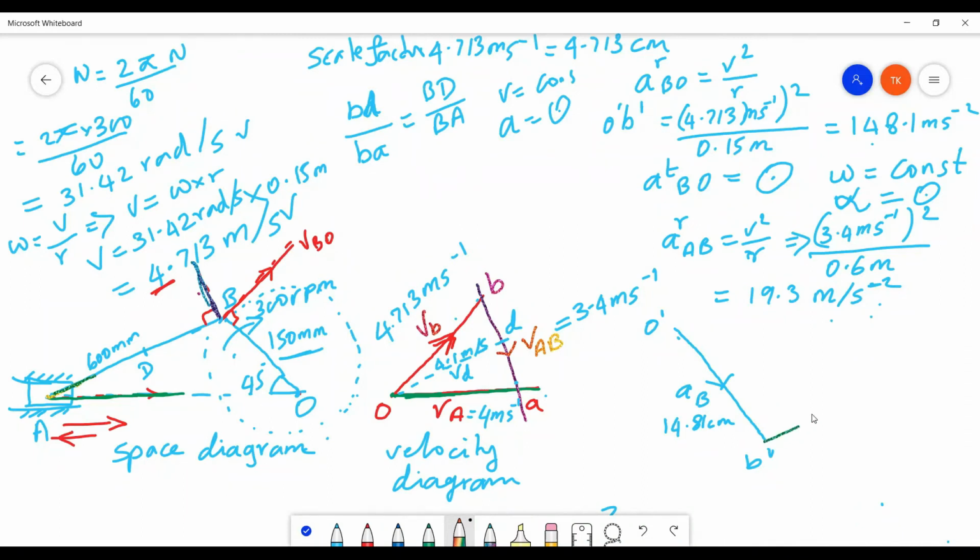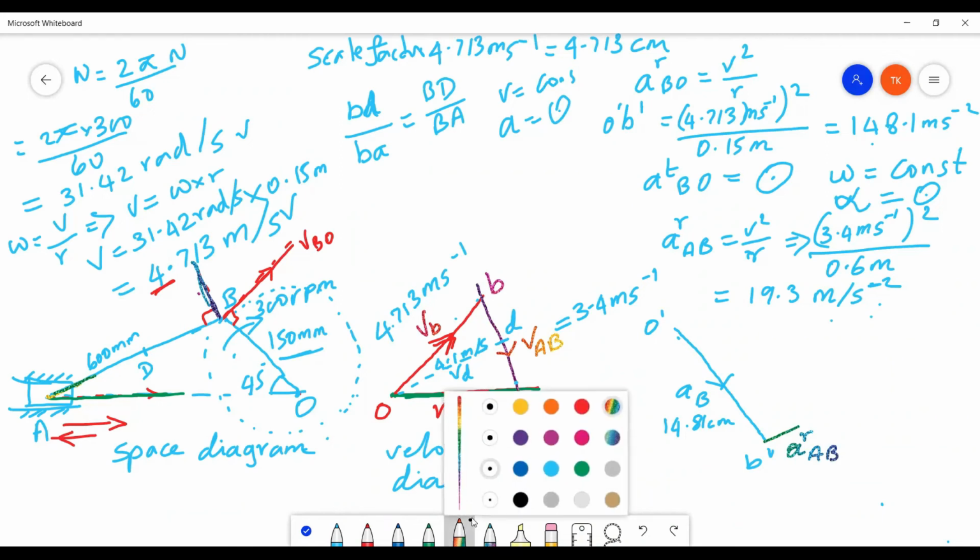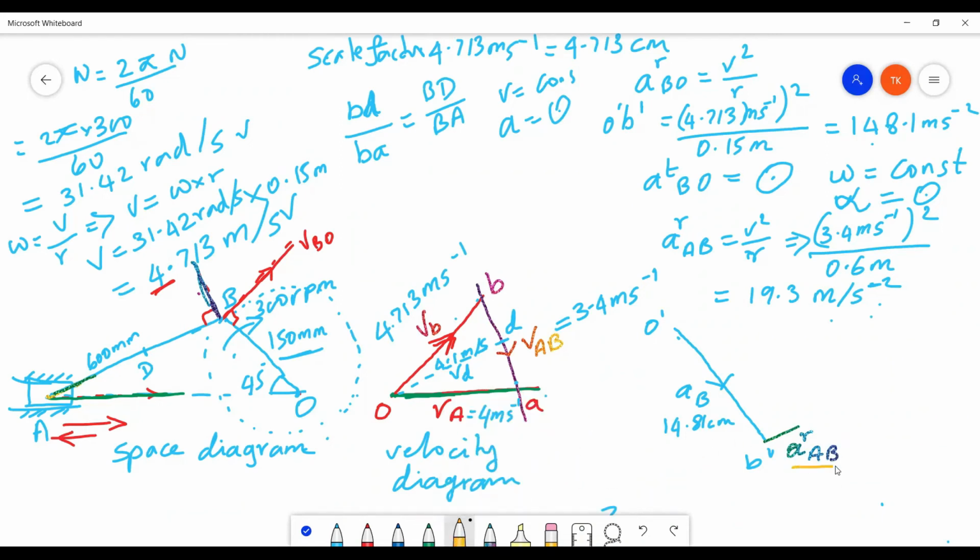So this is the radial component of AB. So this and this are parallel to each other, right?